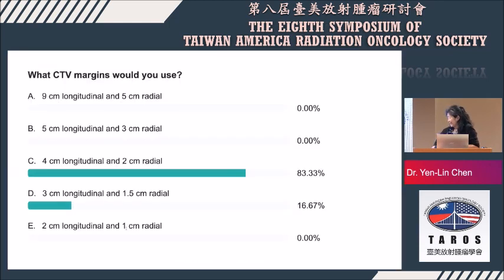Okay, let's see. All right, so you would use somewhere between 3 to 4 cm longitudinal and 1.5 cm to 2 cm radial. So basically, kind of U.S. and Canadian margins.